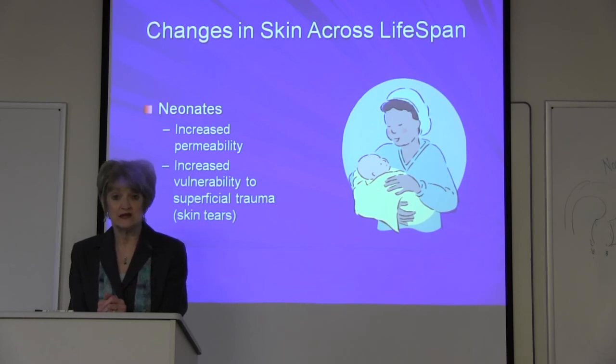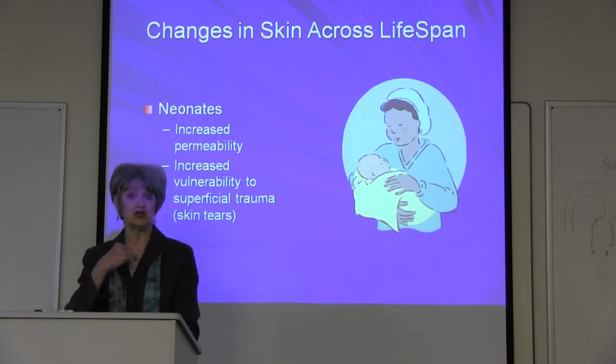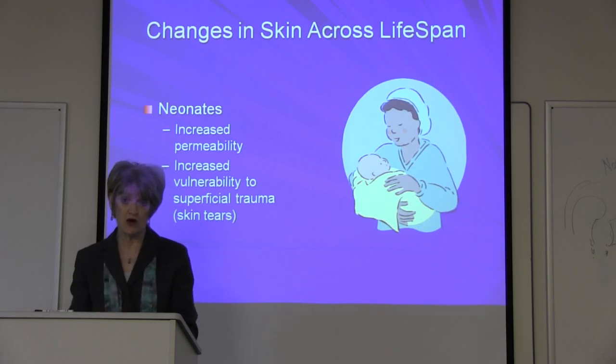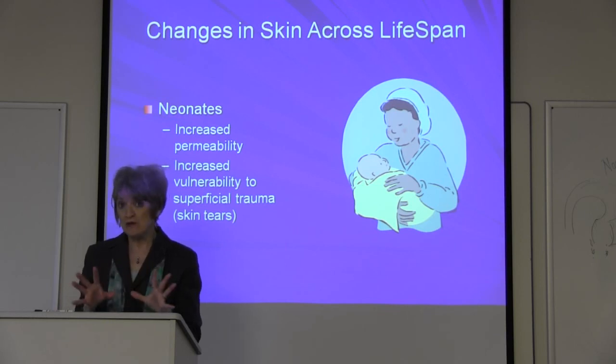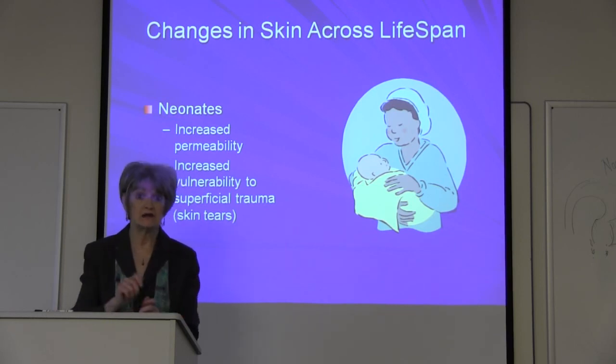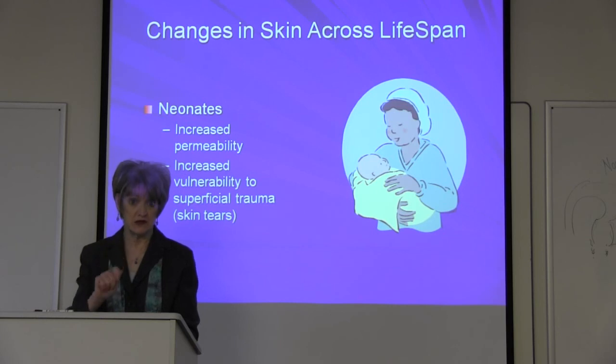And one of the interesting things they found is they would make an incision through the mother's abdominal wall, through the uterine wall, and through the baby's chest wall and abdominal wall. Do the repair, put the baby back, sew the uterus up, sew the abdominal wall up.